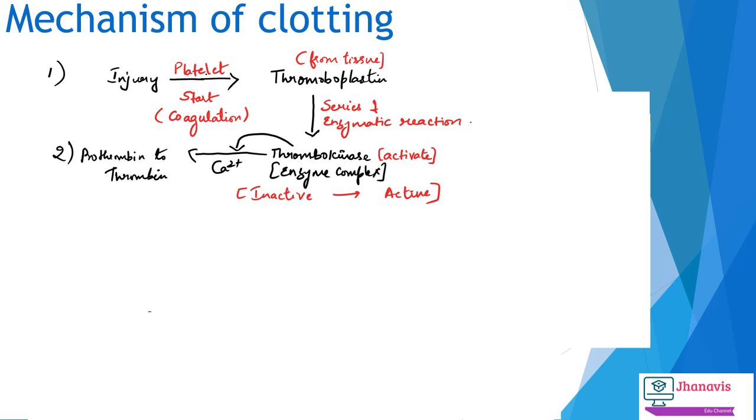But this thrombokinase in the presence of calcium converts prothrombin into thrombin. Another important thing you have to know here is that heparin is always bonded with the prothrombin, hence avoiding the clotting mechanism. Heparin is called an anticoagulating agent, which will not allow the blood to clot, and it is always bonded with the prothrombin.